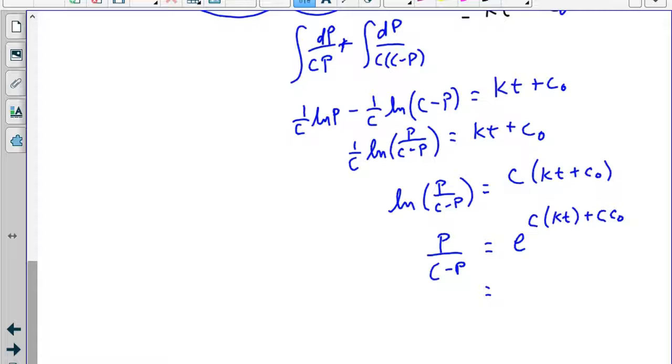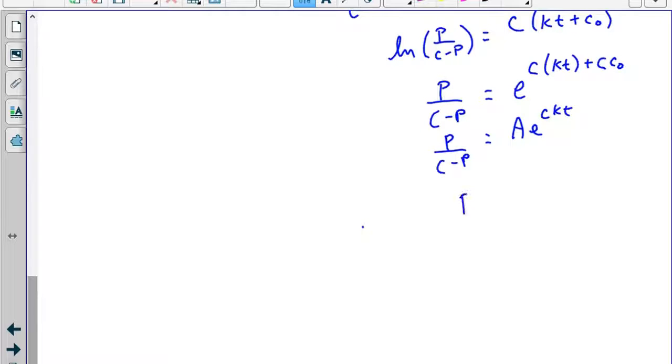And then the other thing that we can remember is that if I have a constant that's added in an exponent, I can change this to be some other constant A. So e to the CKT is over here. Now I'm going to multiply both sides by c minus p.